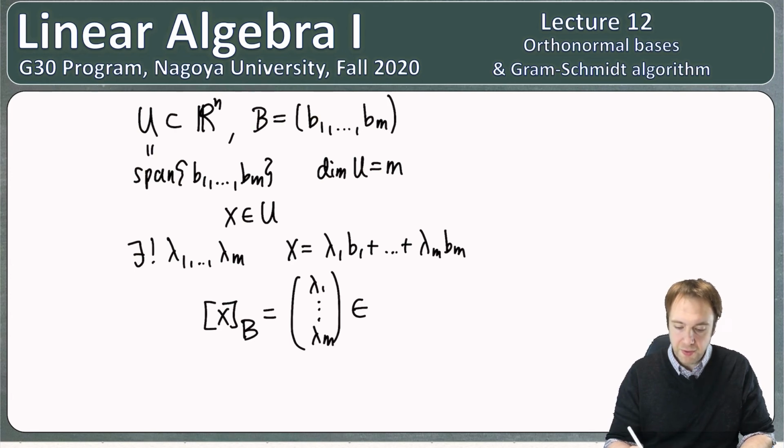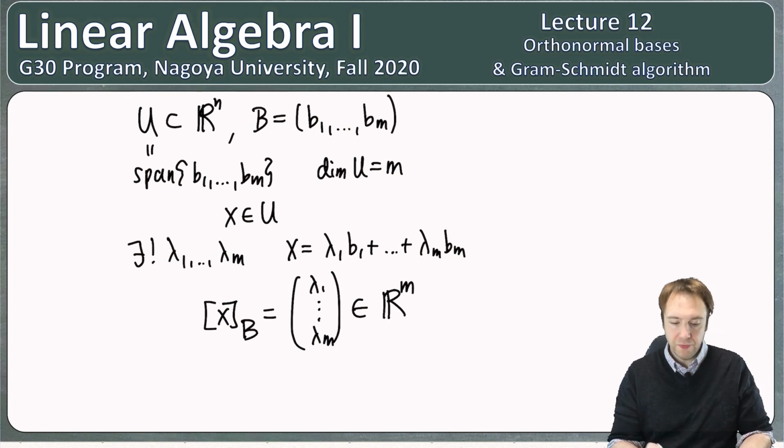So this here is an element in Rm. Even though x is an element in U, and U is a subspace of Rn, the coordinate vector is in the space whose dimension is given by the dimension of the subspace U.